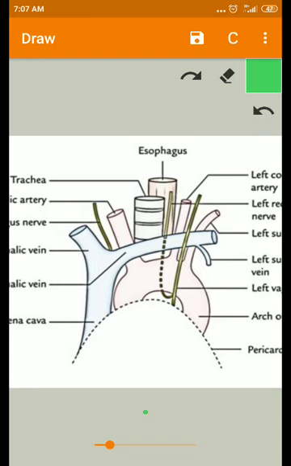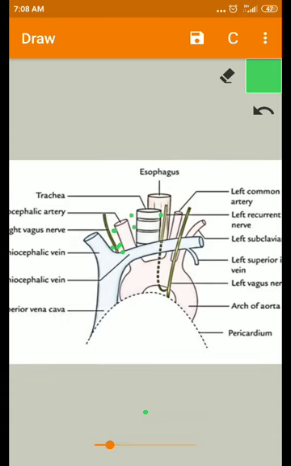And also lymph nodes are present, the paratracheal nodes. On either side of the trachea some lymph nodes are present, called paratracheal. And brachiocephalic nodes: at this area we have the brachiocephalic nodes. Also we have seen the left vagus nerve, and here we are also seeing the right vagus nerve on the right side.